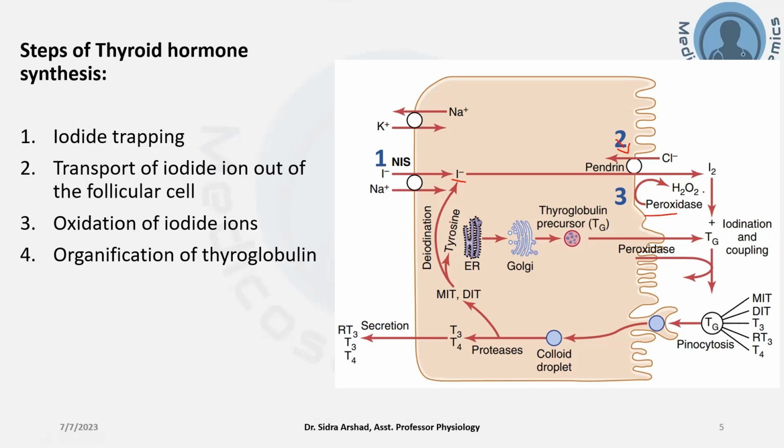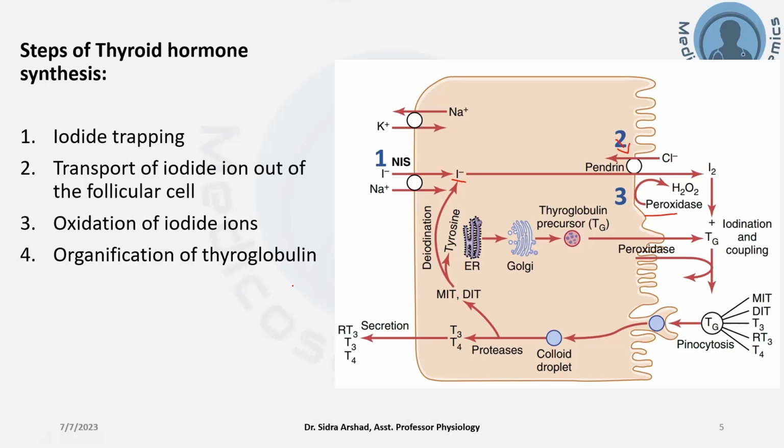After the oxidation of iodide ions has taken place, there is a step known as organification of thyroglobulin. The synthesis of thyroid hormone is quite interesting because it takes place on a protein known as thyroglobulin. Thyroglobulin is a protein which has multiple tyrosine units.